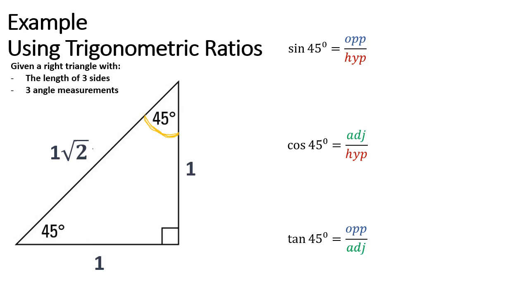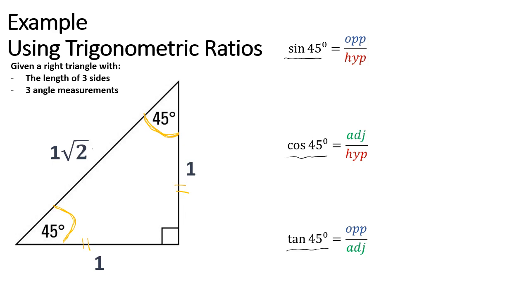I also want you guys to notice that this right here is our special triangle of 45, 45, 90. I chose this one because we know the sides and the angle measurements already. So I want to show us how we can start using the sine of 45, the cosine of 45, the tangent of 45 with actual angle measurements.